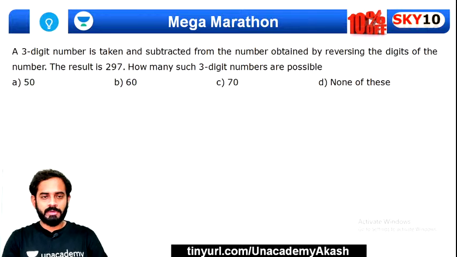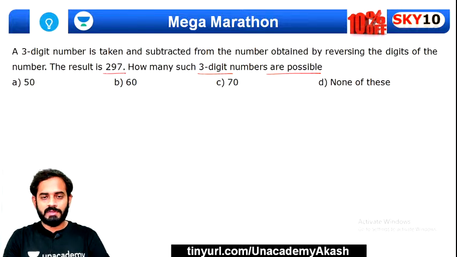A 3-digit number is taken and subtracted from the number obtained by reversing its digits. The result is 297. How many such 3-digit numbers are possible? Okay, let's try to understand this. It's very simple, guys.